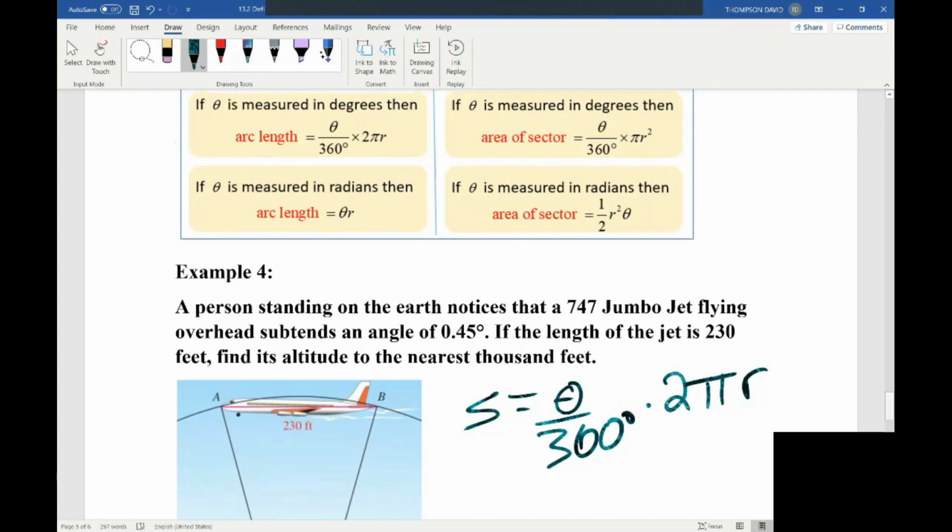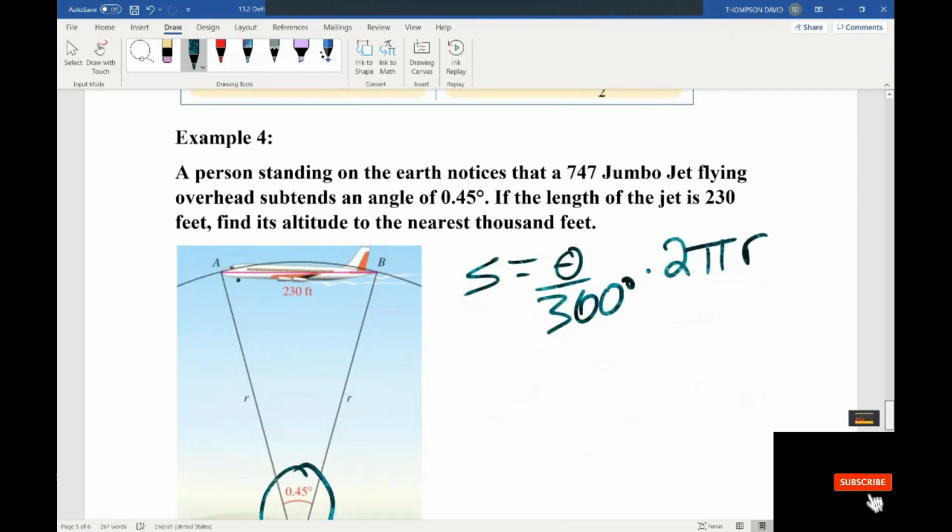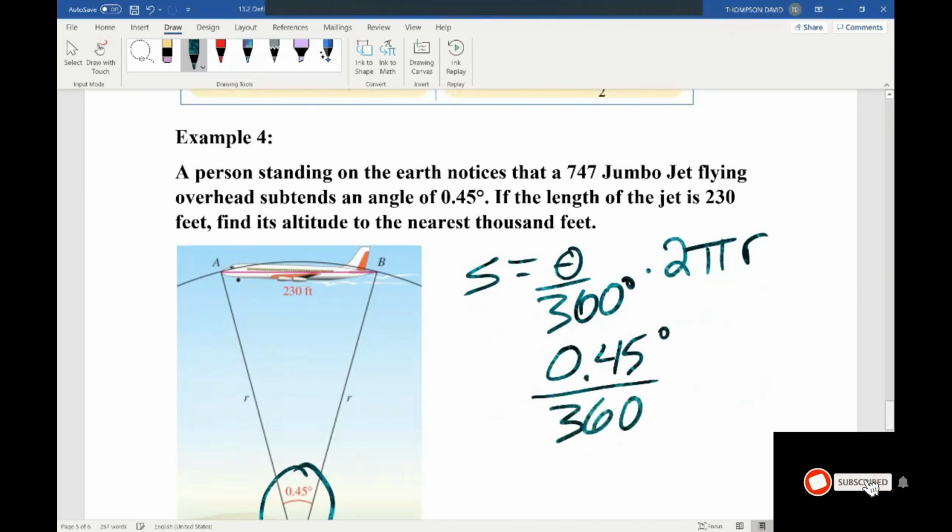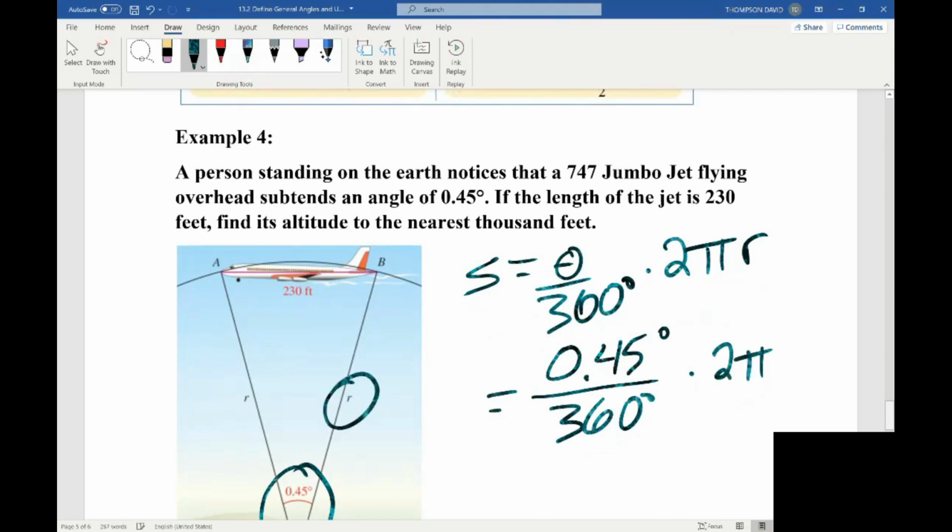So let's start plugging in what we know. We know that theta is 0.45 degrees. So we say 0.45 degrees all over 360 times 2 pi r. We don't know our r. We do know the arc length is 230 feet.